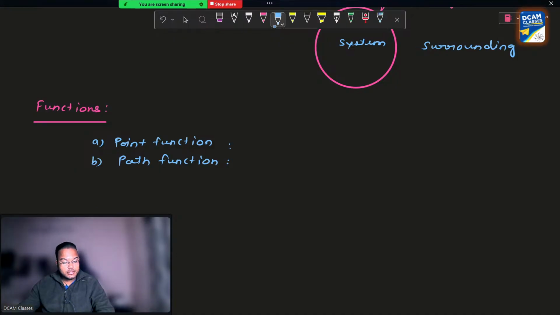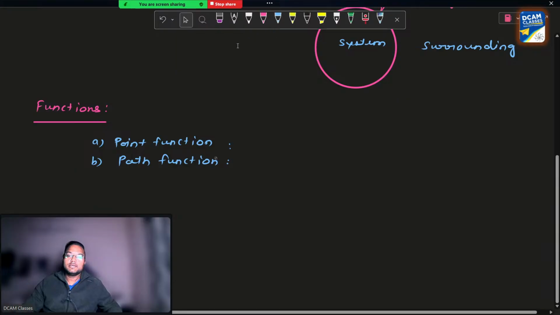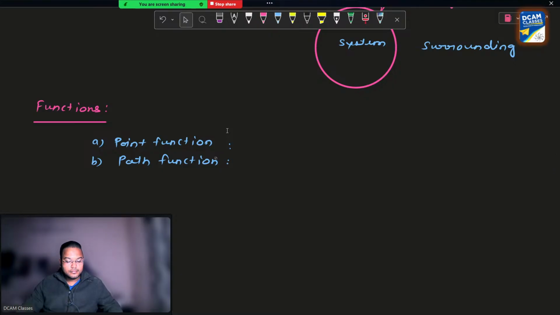What are point functions? Point function and state function are the same thing. They both are same.